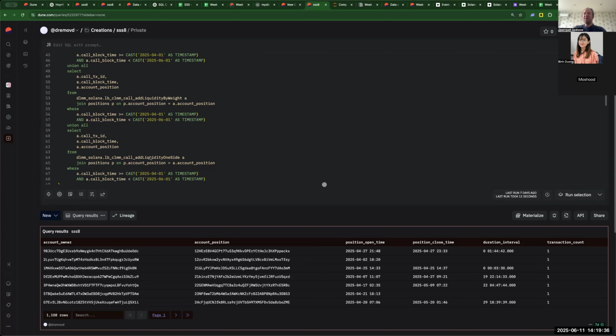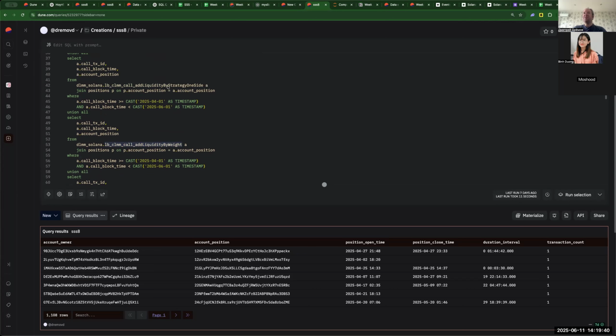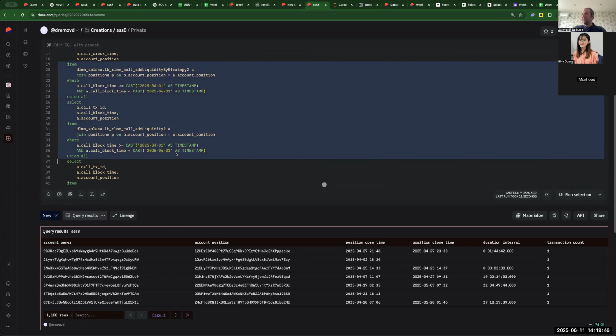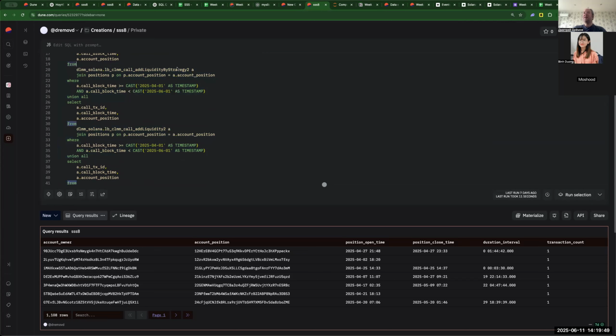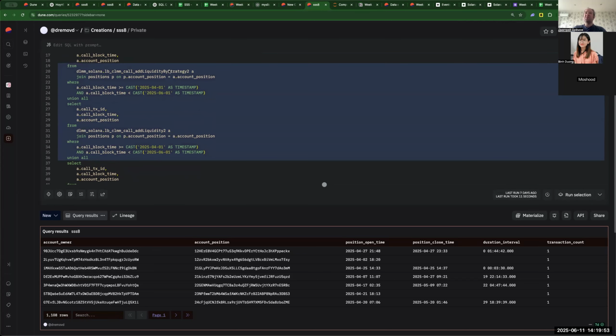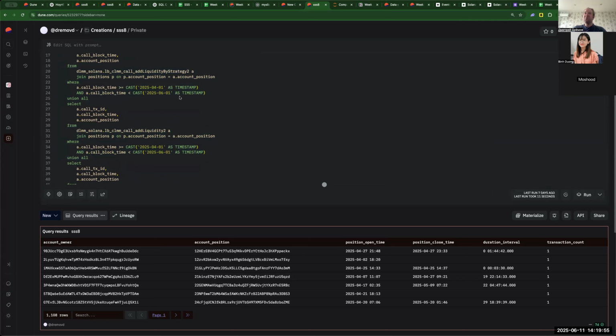For example, I think that add liquidity one side, liquidity by weight and liquidity by strategy one side are no longer used, and instead these two are used. But I can't guarantee this. I just saw that up to some point, from what I remember, there was no method with two at all, and then they added them, and after this the events also started using them.